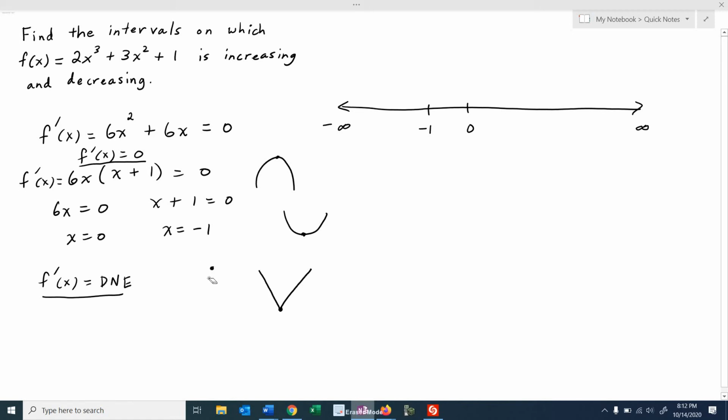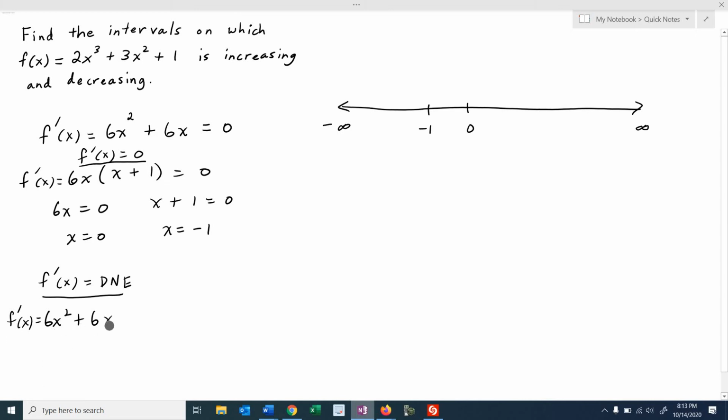Okay, so let's talk about this second case, when the derivative is undefined. Our derivative here is 6x squared plus 6x. The question is, for what values of x is it not defined?